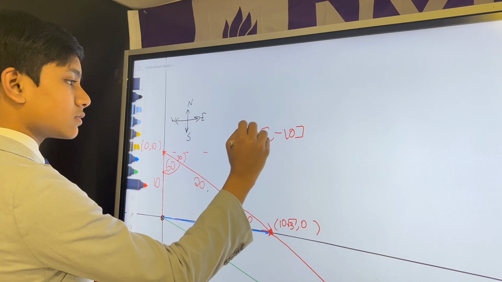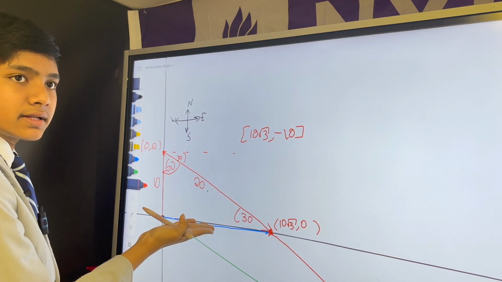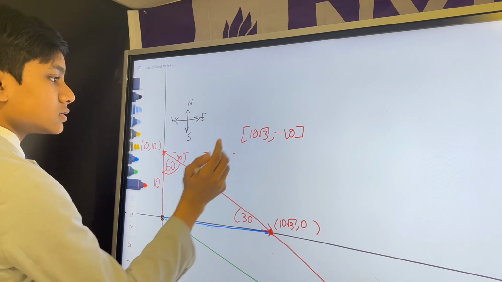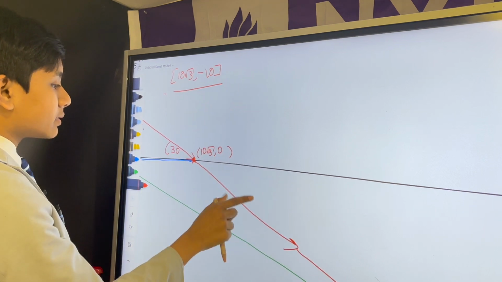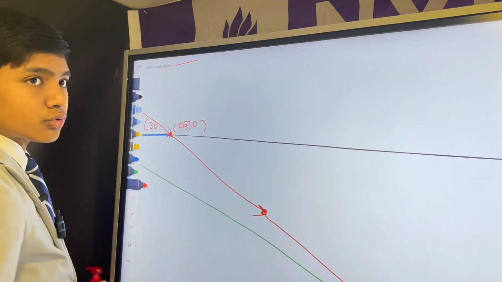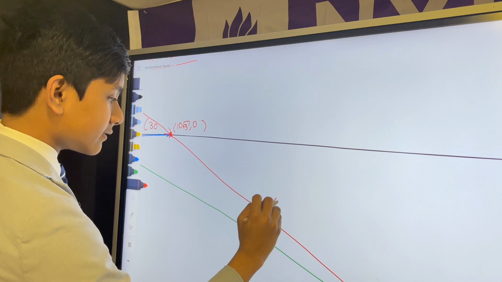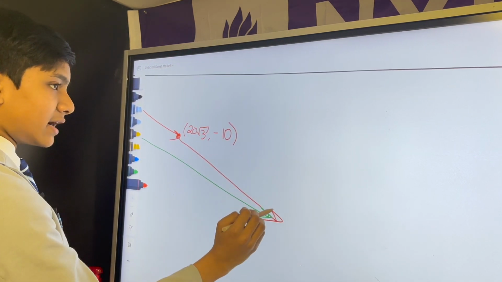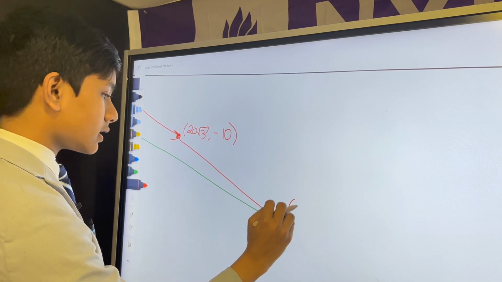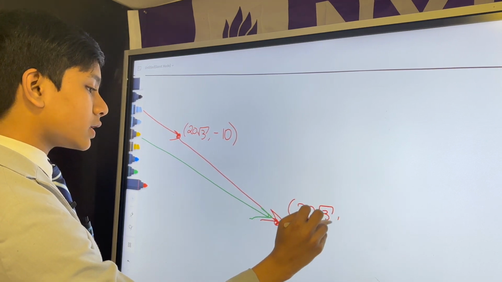How do you know it is 10 root 3? That's what we calculated the first time. Oh, okay. So now we just add this on top. We go another 20 meters southeast. That gives us 20 root 3, minus 10. We go another 20 meters southeast. That gives us 30 root 3, minus 20.